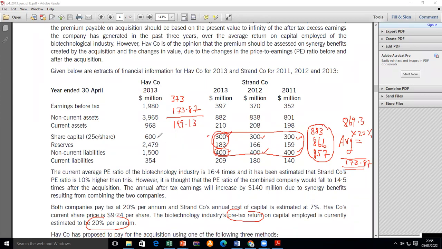Tax. What is the tax? Let's take out the tax. After tax, tax is 20%.